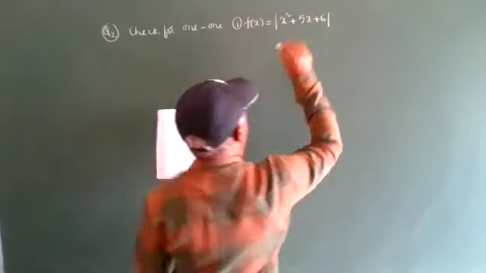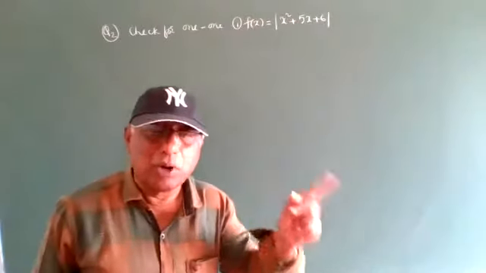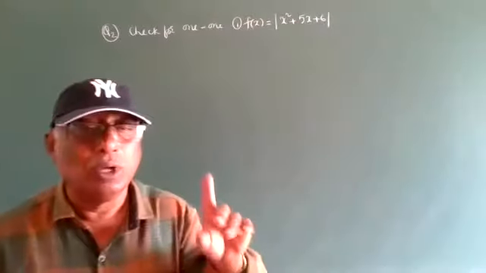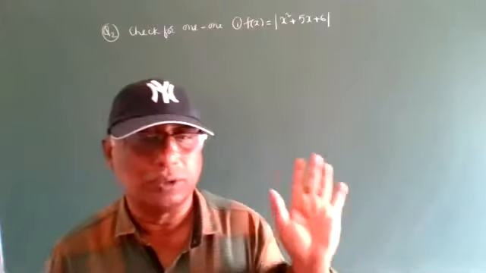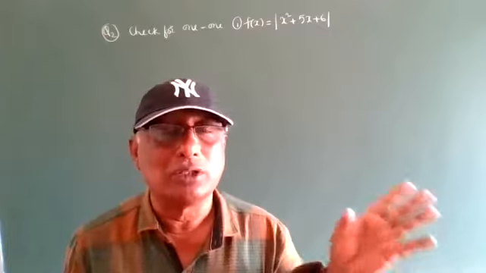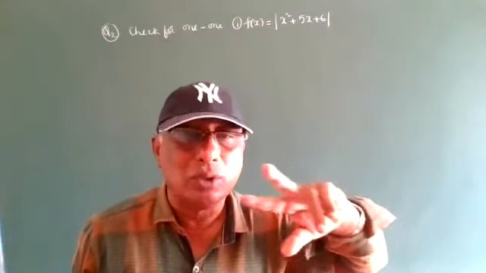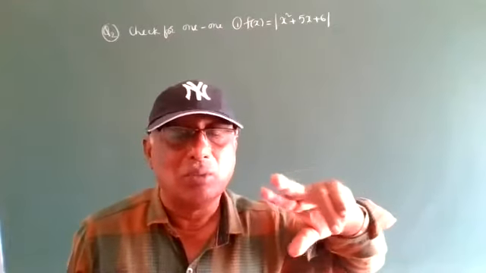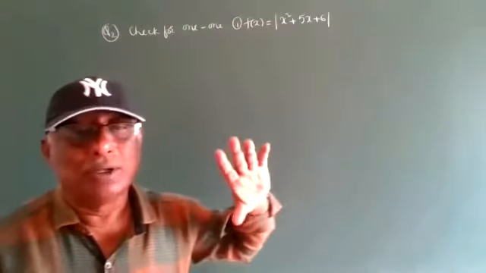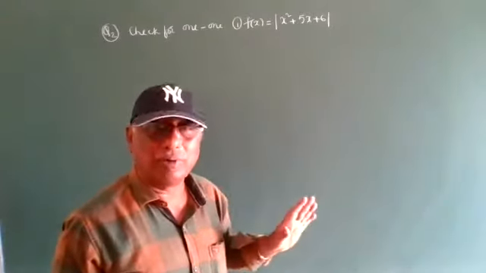Immediately what we can do, modulus will make it either positive value also positive, negative value also positive. Okay? That means two images have one, so one image will form. Therefore, it is not a one function.